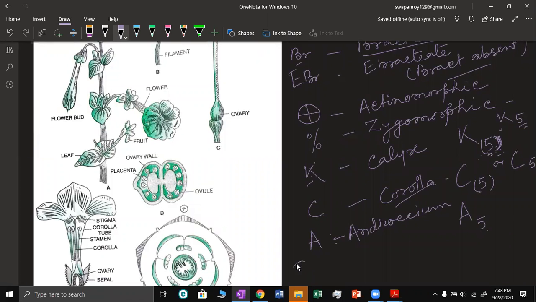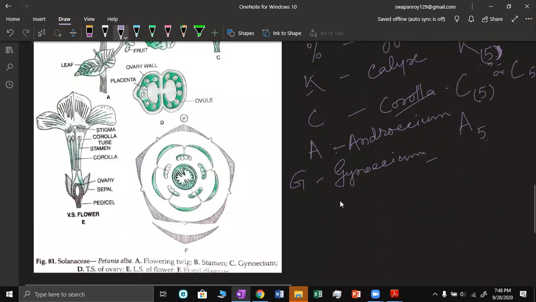And G stands for gynoecium. Gynoecium, G, and how many? Again in the similar way we will write G, and if it is 2, we will write 2. If it is 1, we will write 1.